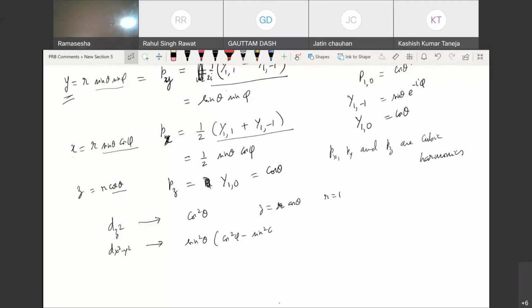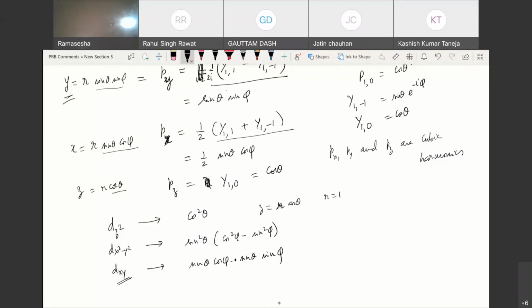Because sin squared theta cos squared phi is x squared and sin squared theta sin squared phi is y squared, and for xy you should go sin theta cos phi into sin theta sin phi. So the angular part that you are looking at is the trigonometric product of coordinates. You can write it out for any orbital.